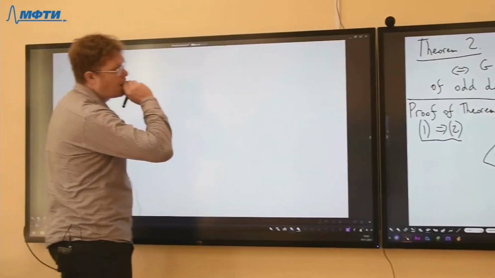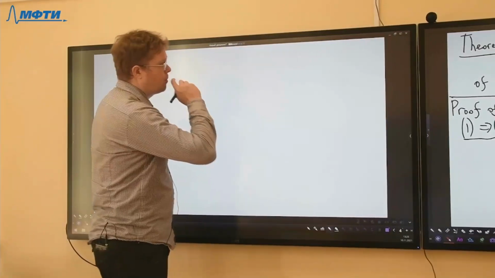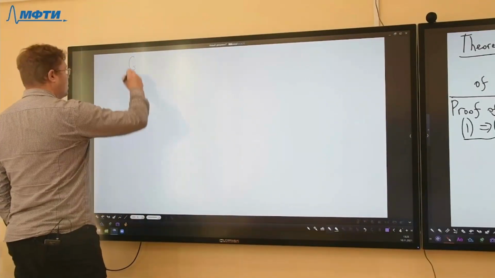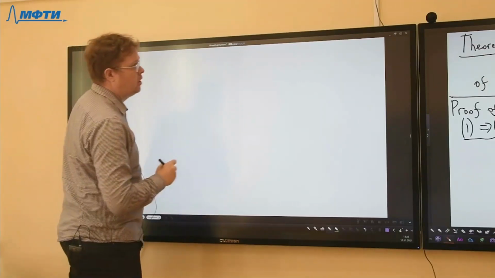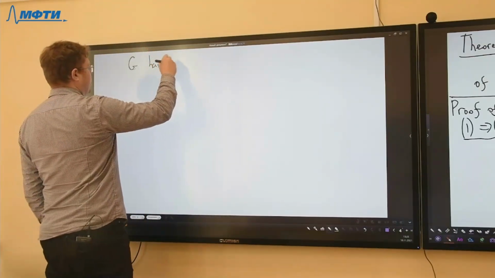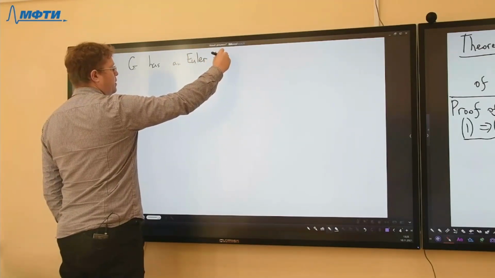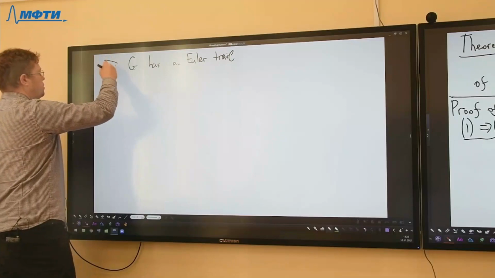Suppose, first of all, that G has an Euler trail. I'm talking about the proof of the theorem.